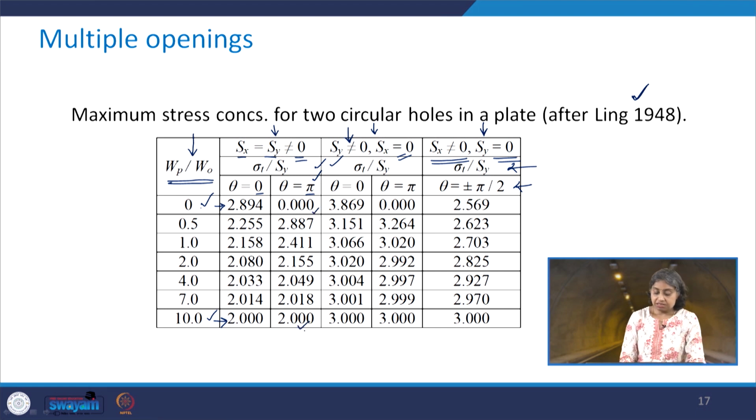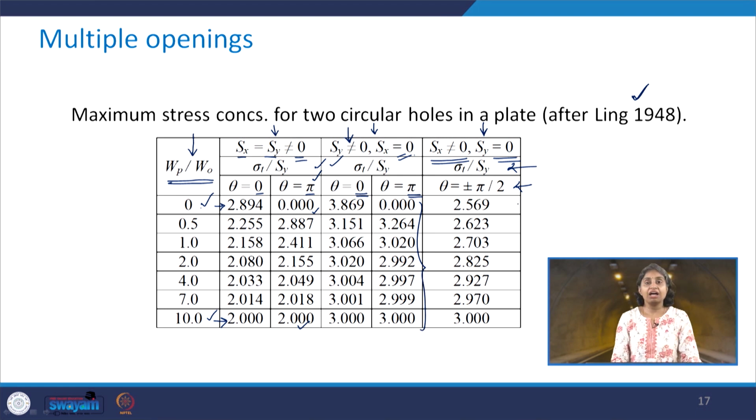Similarly, in case you have Sy non-zero and Sx equal to 0, that means it is uniaxial state of stress. Again here these are the 2 points where you are going to have the maximum stress concentration, that is at theta equal to 0 and theta equal to 180 degree, and this is how the variation will look like.